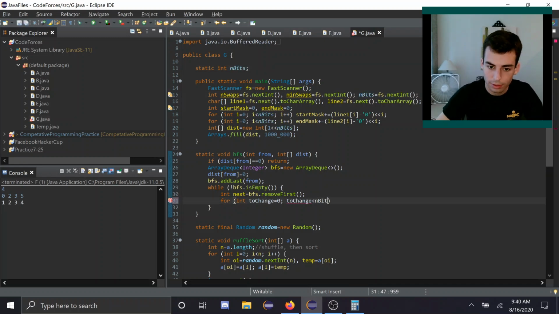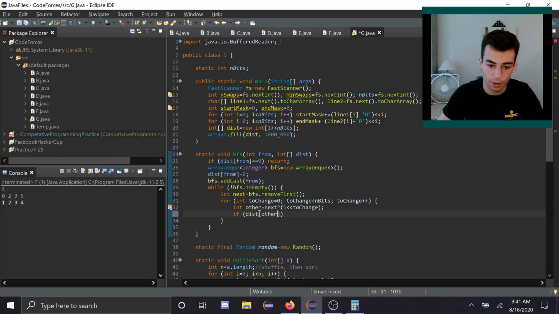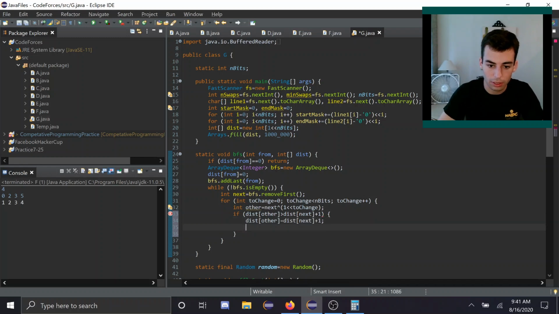So change each bit. The other one will be where it'll be next XOR 1 left shift change. If dist other is greater than dist next plus 1, then dist other equals dist next plus 1, BFS dot add last other.